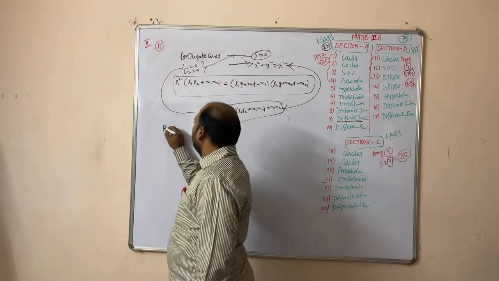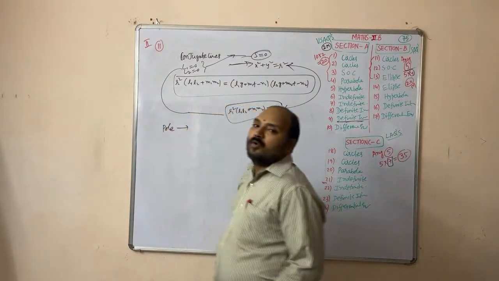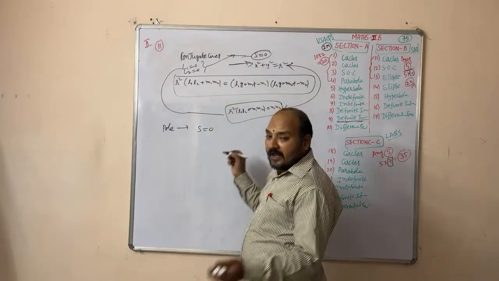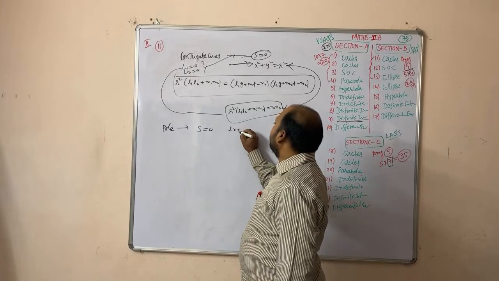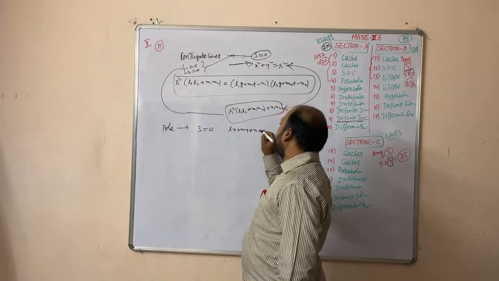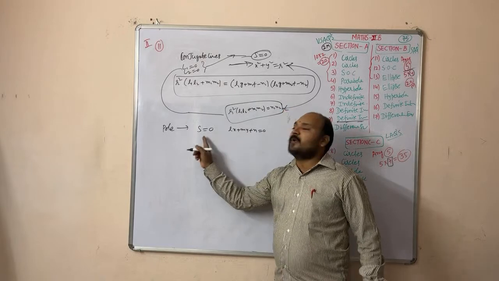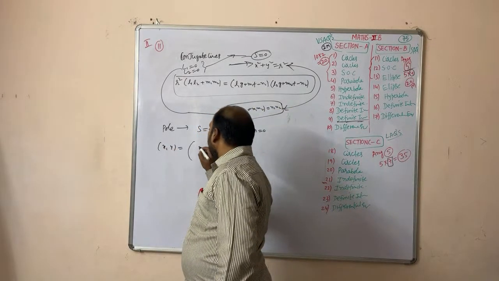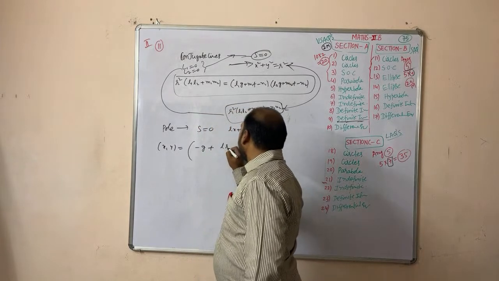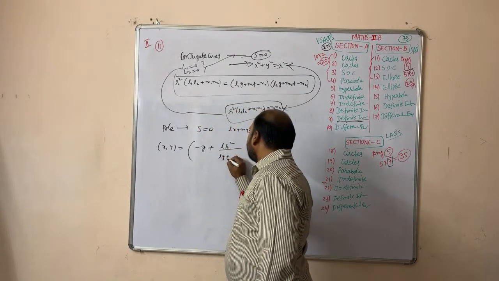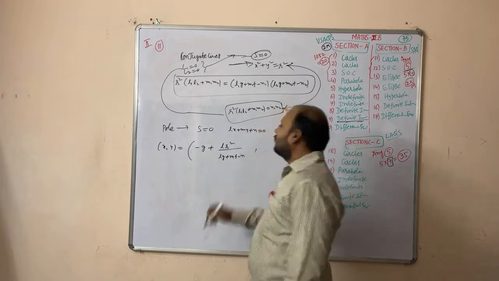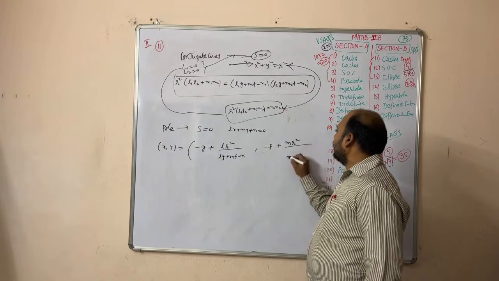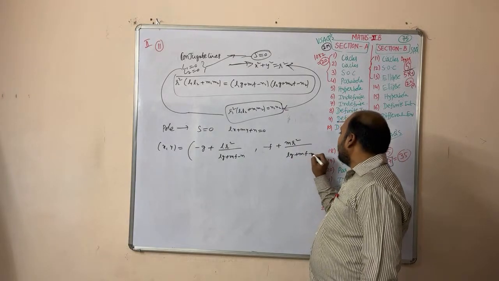Next, pole. When S is equal to 0, they will give, and the line also they will give: lx plus my plus n is equal to 0. Find the pole of the line with respect to the circle. So the formula is: minus g plus l r square divided by (lg plus mf minus n), minus f plus m r square divided by (lg plus mf minus n).